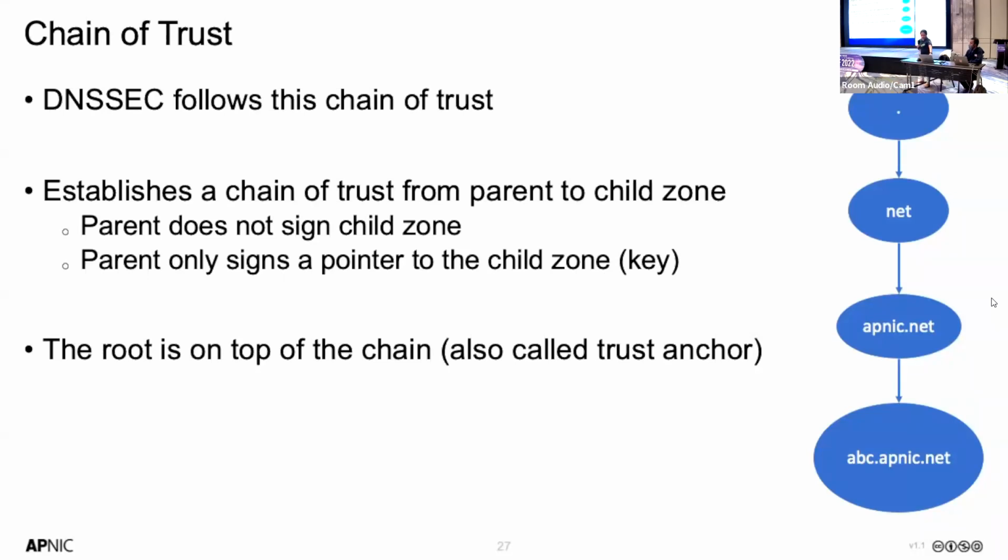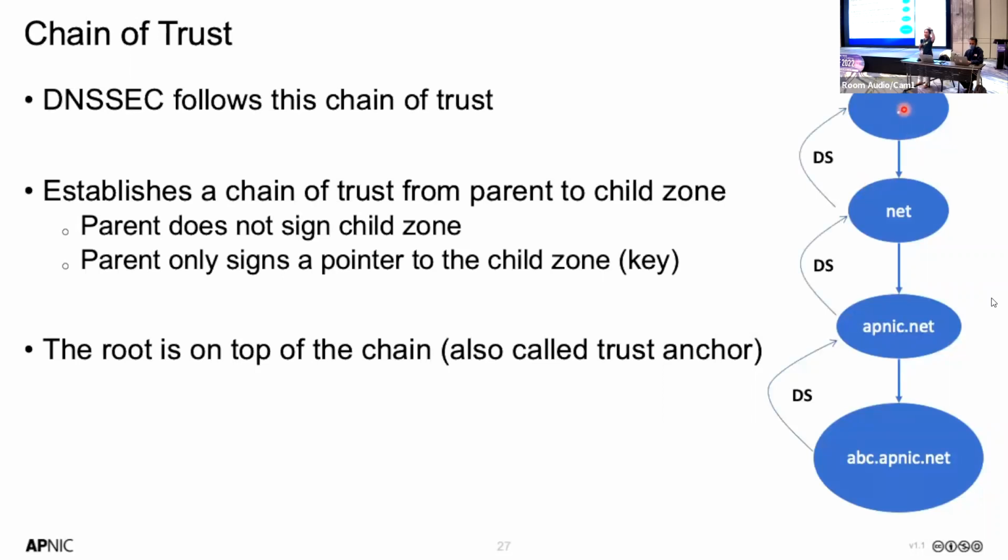You have this domain here, abc.apnic.net, and when you sign your zone, you also create the DS record, and the DS record for that is added to the parent zone, apnic.net, because you need to have that link between them. So again, from apnic.net, there needs to be a DS record added to the parent .net, and then the same thing added to the root zone.